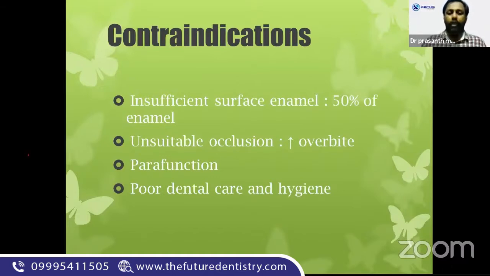Now coming to contraindications. Insufficient surface enamel. We get our retention from resin cement, so we are dependent on the amount of enamel. A minimum of 50% of the tooth structure should be enamel. If it is less than that, it is better to go for a full coverage restoration. Again, unsuitable occlusion, meaning a deep bite, is a contraindication.